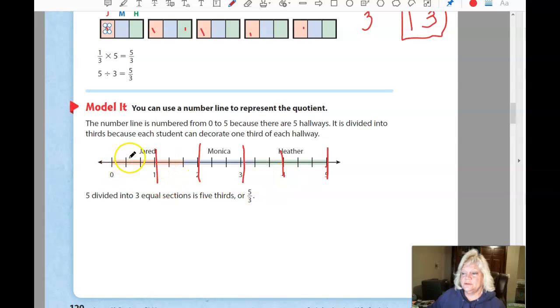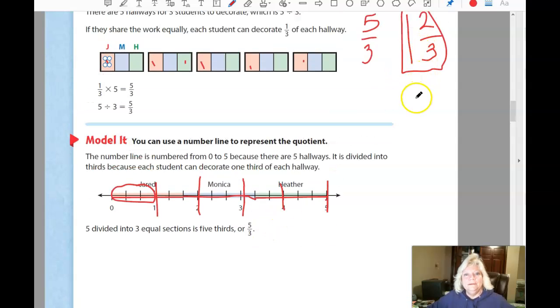Each hallway has 3 sections because we have 3 kids sharing the task. Jared has to do all of these. Monica has to do all of these. And Heather has to do all of those. So all we did was take 5 hallways, divide each section into 3, and divvy it up equally. So everybody had to do 1 2/3.